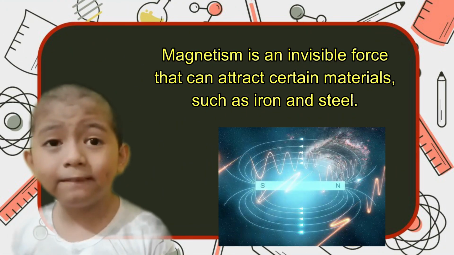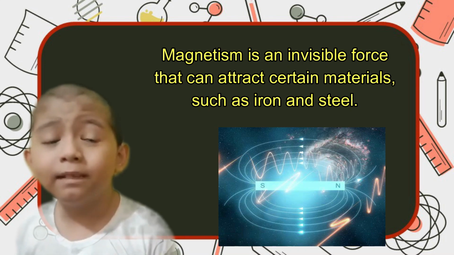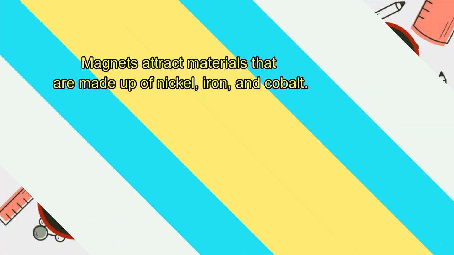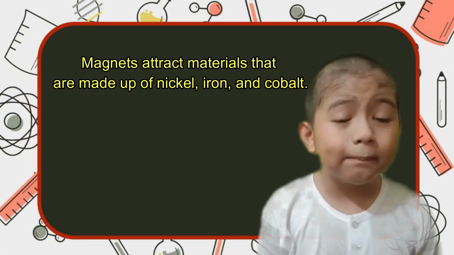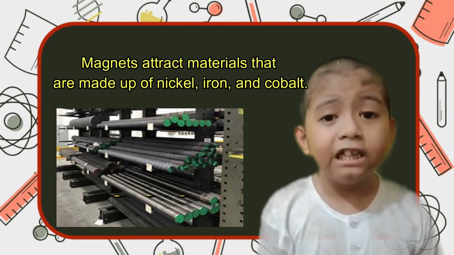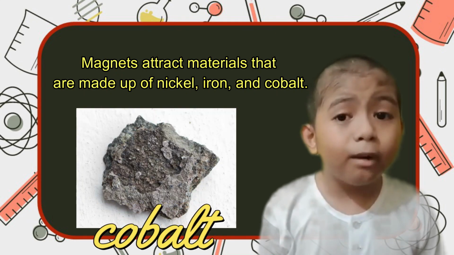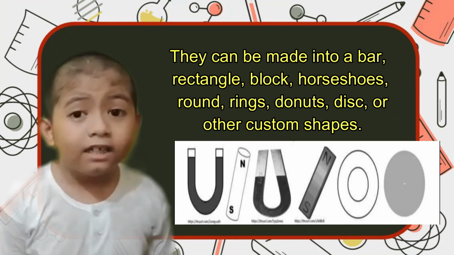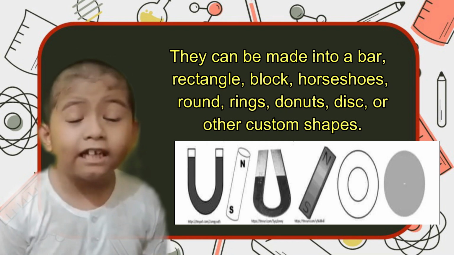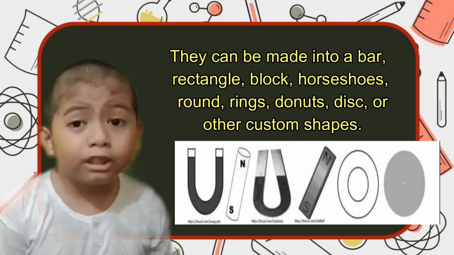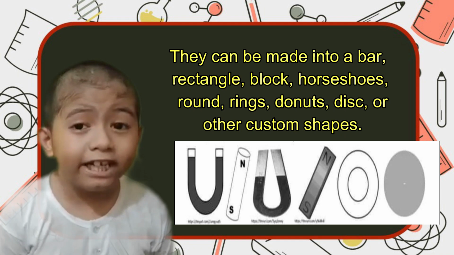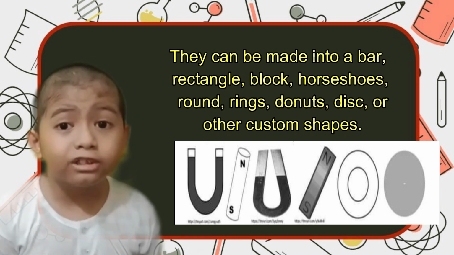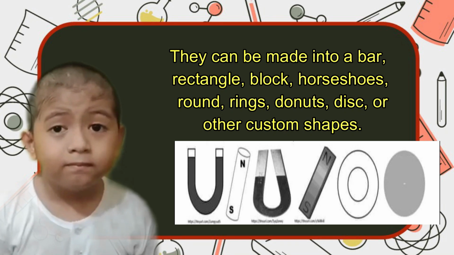Magnetism is an invisible force that can attract certain materials such as iron and steel. Magnets attract materials that are made up of nickel, iron, and cobalt. They can be made into a bar, rectangle, block, horseshoes, round, rings, donuts, disc, or other custom shapes.